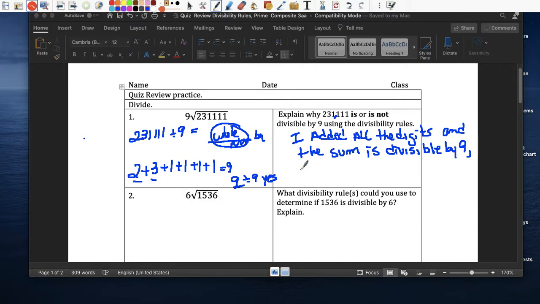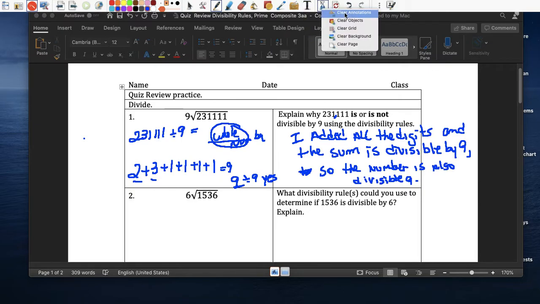If I added all the digits and the sum is divisible by 9, then the number itself is also divisible by 9. That's the type of answer I would like to see on your quiz: you adding it up and explaining what you did.